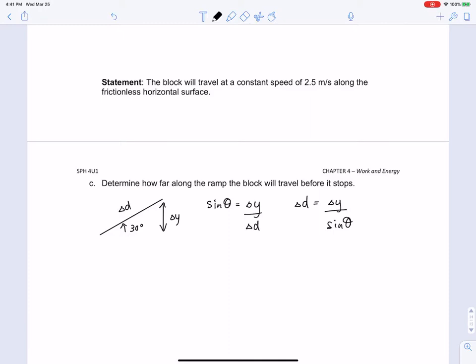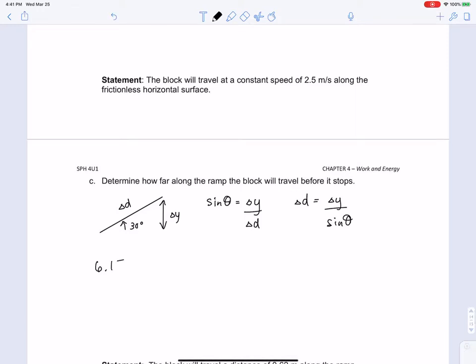So we know that this total energy, 6.1 joules, eventually will be converted into gravitational potential energy. The amount of height it will have is equal to 6.1 joules divided by 2 kilograms times 9.8 newtons per kilogram. If we punch this in, we get a height of 0.31 meters.